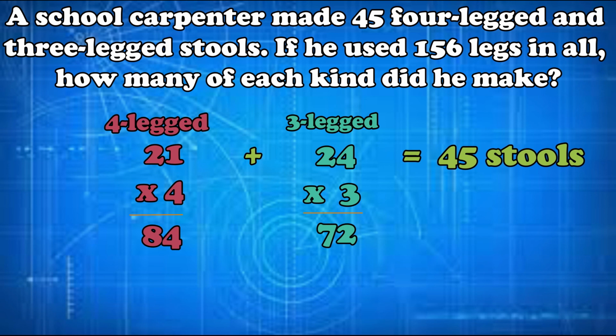Yes. And then for the number of legs used, 84 plus 72, that is equivalent to 156 legs, which satisfies our problem: 45 four-legged and three-legged stools, and 156 legs used for these 45 stools.